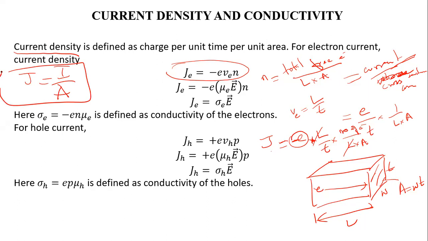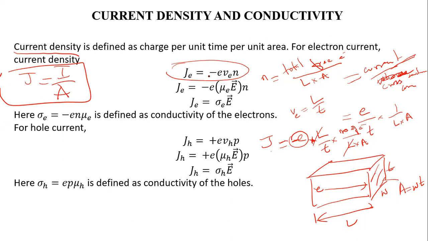N is the total number of free electrons per unit volume. So if you put all this dimensionally, you will find that the charge of E into VE into N will result in current per unit cross-sectional area. Here we simply put a negative charge for an electron.